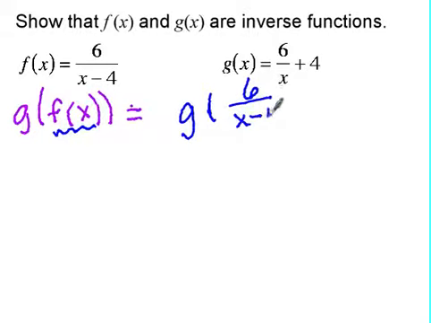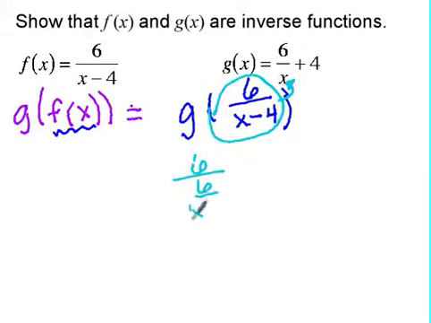Right. And so what I'm going to do then is take this and place it right here. So really I have 6 over x minus 4, and then plus 4.